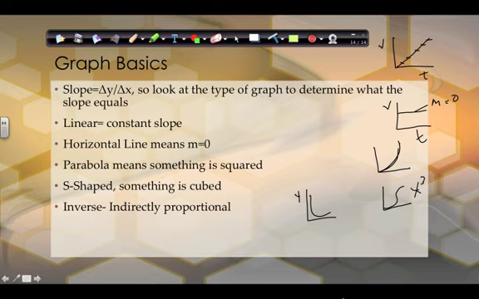Whatever happens to be on those axes would have an inverse relationship. This other relationship right here shows a direct relationship. As one of the variables increases, the other one will increase as well, and as one of them decreases, the other one will decrease as well.